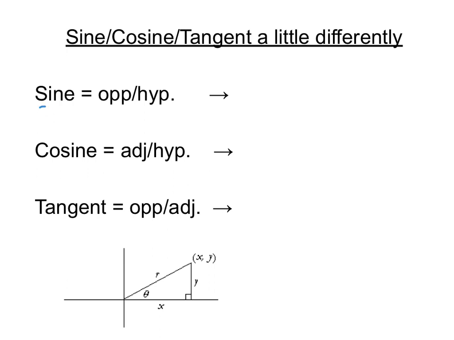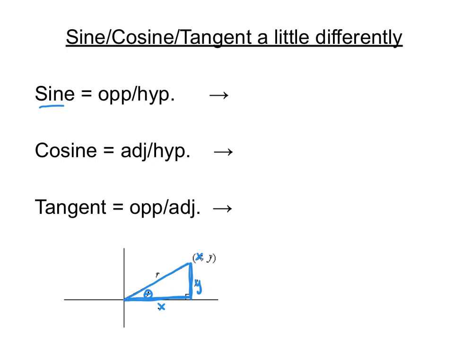So we know that sine is opposite over hypotenuse. We also know that when we took that reference triangle, remember this is the reference angle right here, and we put that on the unit circle, we learned that the distance that we go over is represented by x, and the distance we go up is represented by the y.